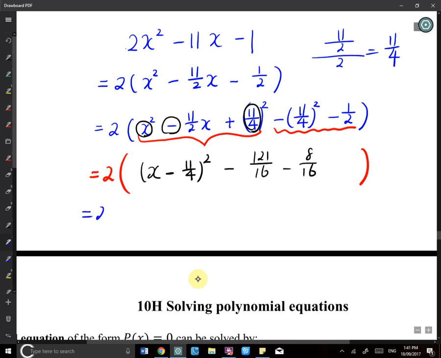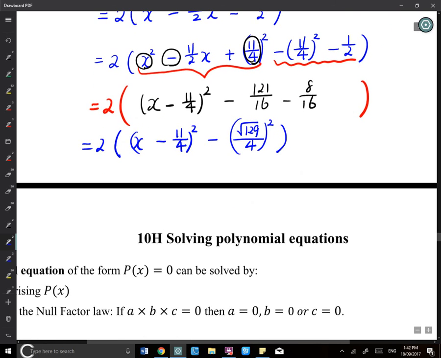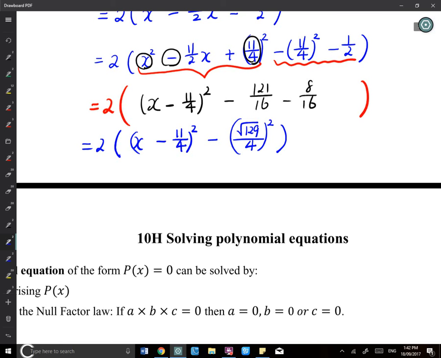So that still stays in the bracket. That's x minus 11 over 4 squared minus square root 129 over 4 squared, because 1 minus 8 is 129 over 16, so square root 129 over 4, whole thing squared.